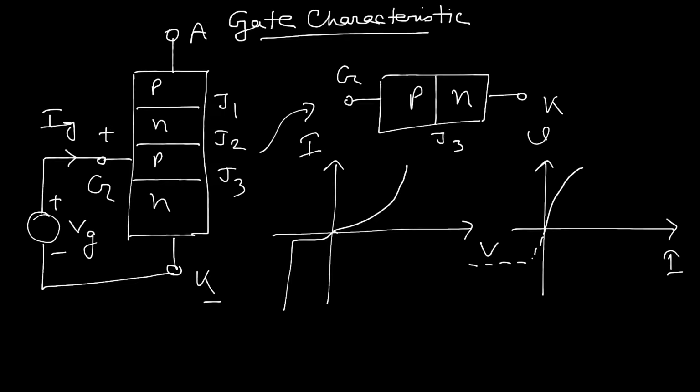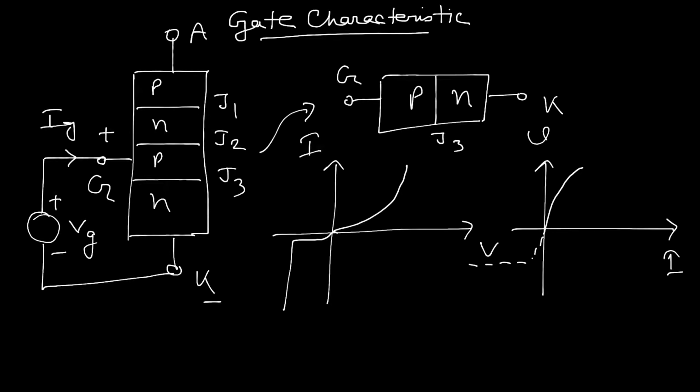So, through this slide, we can assure you that an SCR can be triggered and turned on when a positive gate voltage Vg is applied between gate and cathode, or a positive gate current Ig starts flowing from gate to cathode.